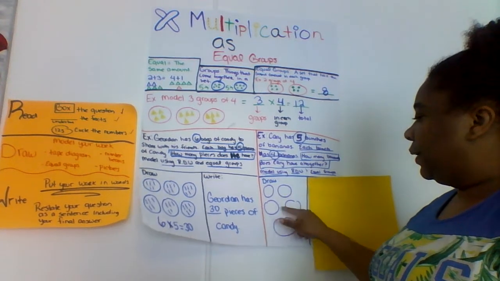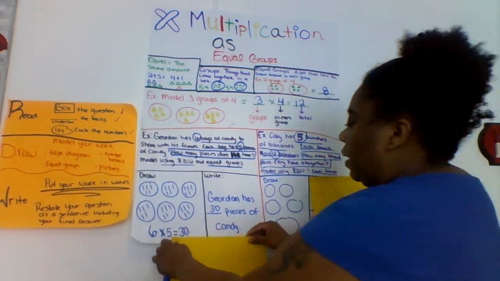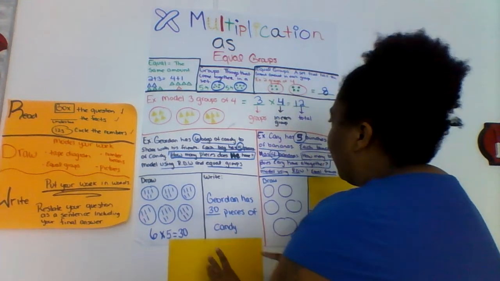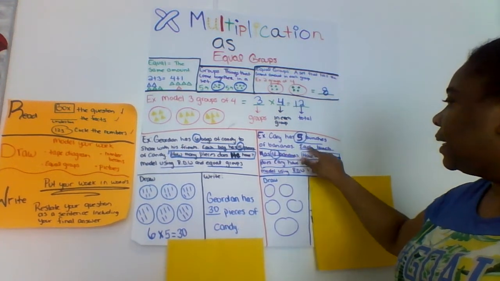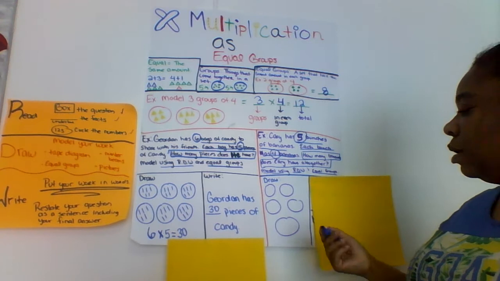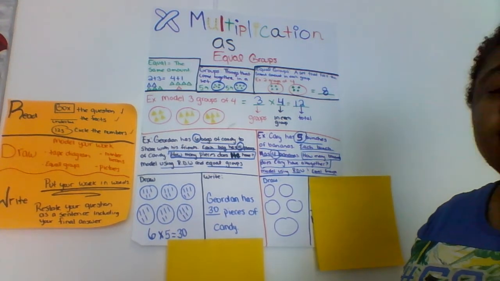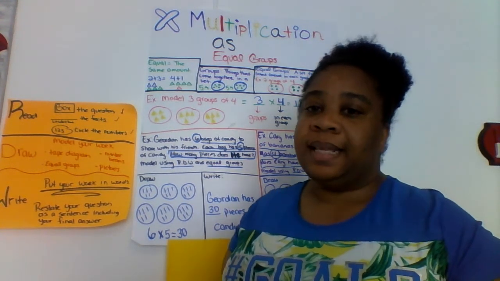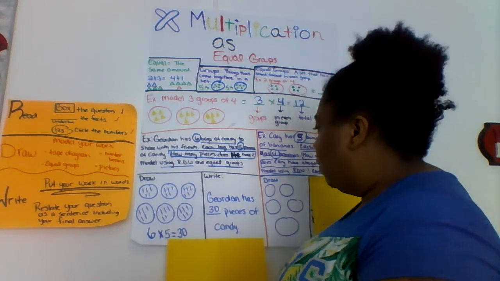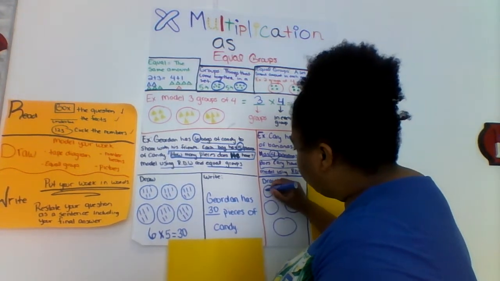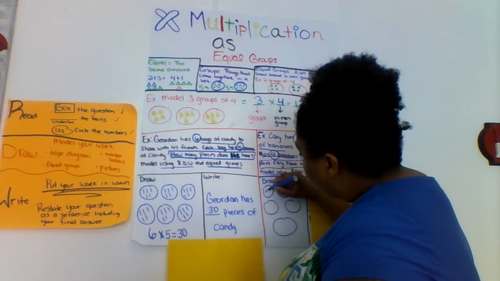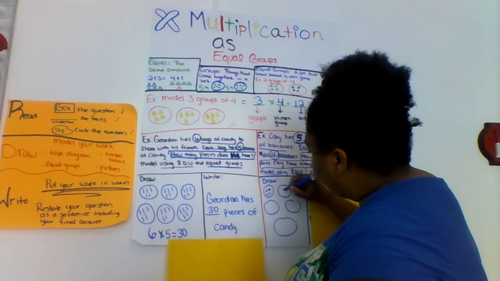1, 2, 3, 4, 5. Going back to my word problem, so I remember how many to have in each group, it says each bunch has 4 bananas. So I'm going to draw 4. Doesn't have to be a banana. I can use any symbol to model in my picture. So I'm going to do circles. 1, 2, 3, 4.